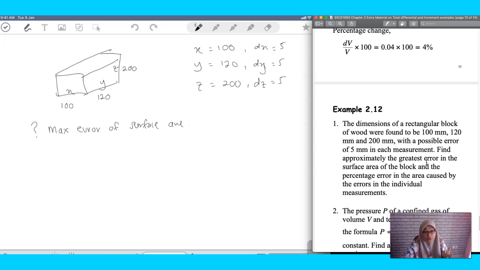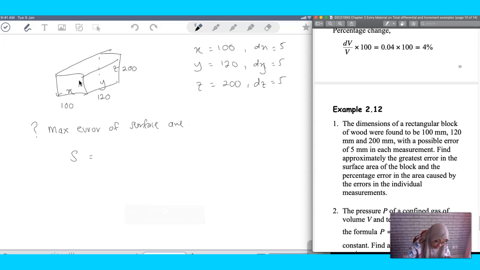So you have to obtain the equation of the surface area of this particular solid, which is a cuboid, right? What is the formula? Let's say I put S. The formula is not given, so you have to find it yourself. How many surfaces are there?